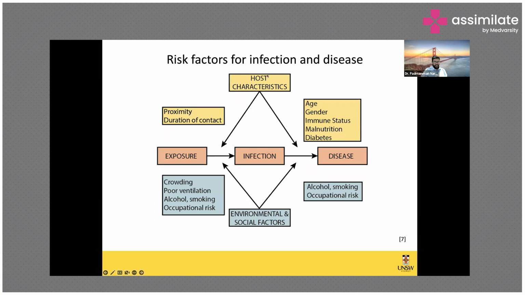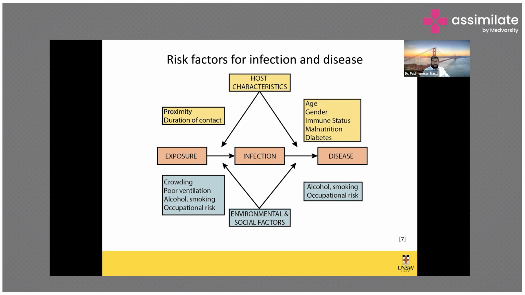There are many risk factors for infection and disease, and we have already narrated some. Some of the most important things are proximity and duration of contact. For example, health workers such as us and household contacts, we are at a close contact with people with active TB disease, so we are at very high risk. And then other risk factors like age, extremes of age, children, older people, gender.